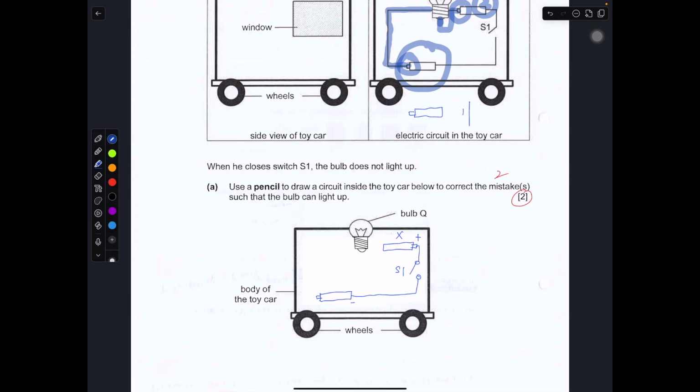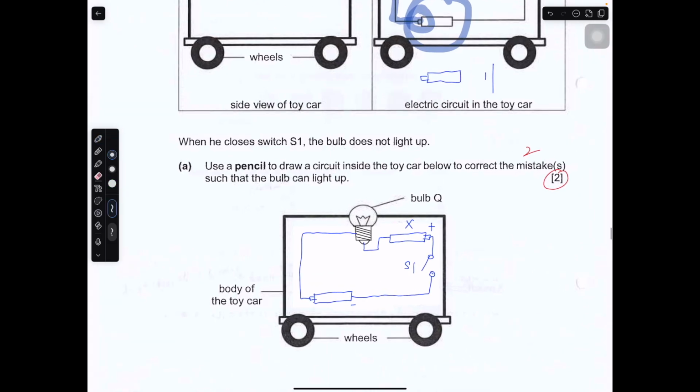Let me just fill in this part. From the casing then to the tip. Make sure that in the whole circuit there are no gaps. No gap.